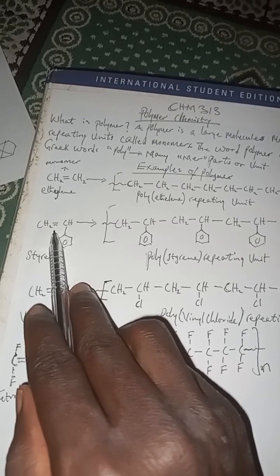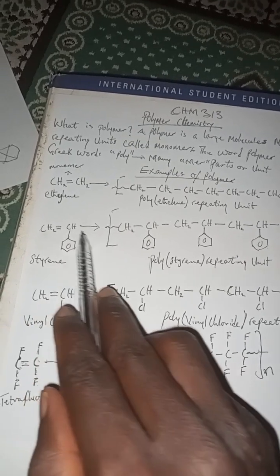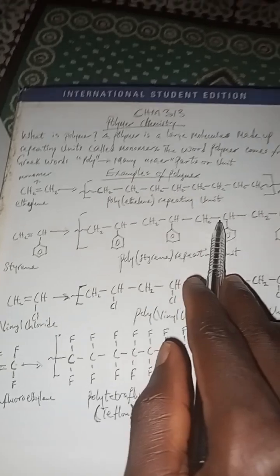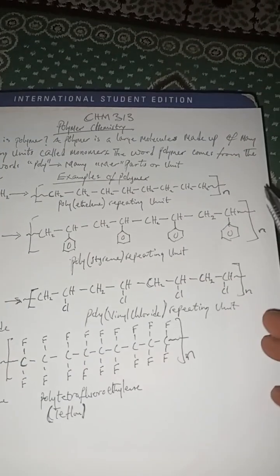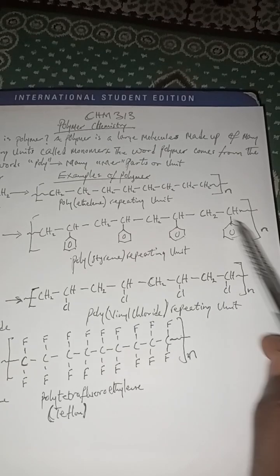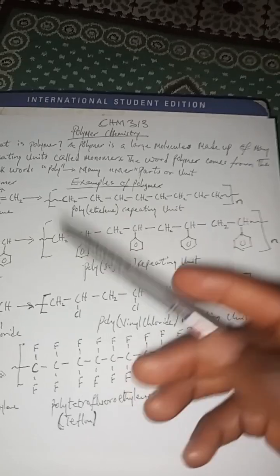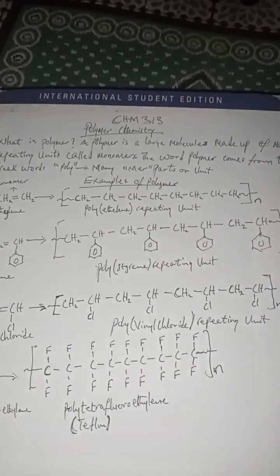By the time this bond breaks, it will start growing from this side and this side to form a large molecule called polystyrene. You can repeat it as many times as you want. Then once you are okay, you put n and the brackets and show the growing sides to show that the repeating units can still grow.